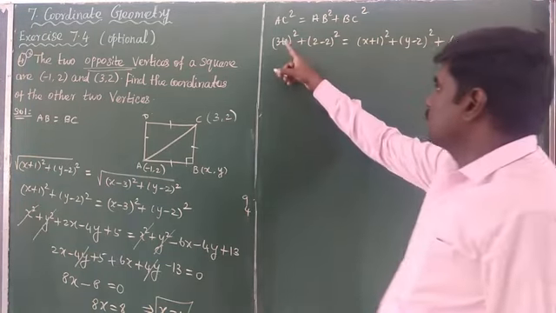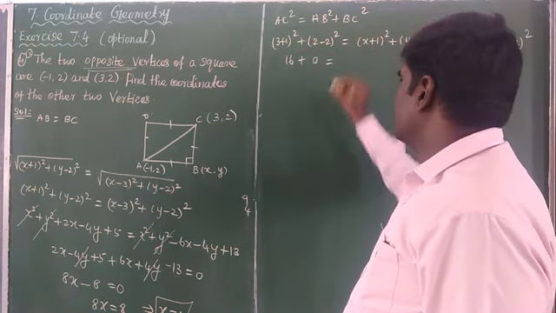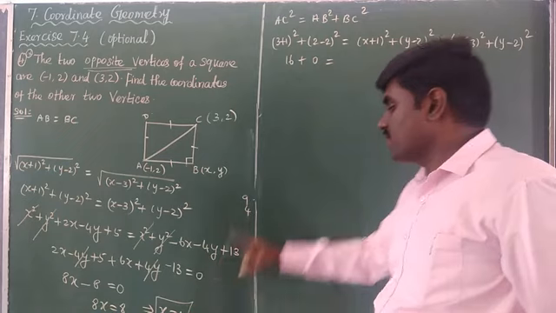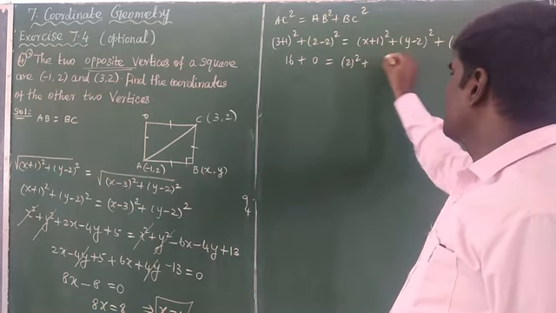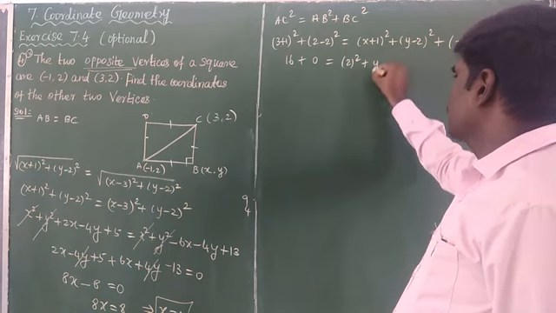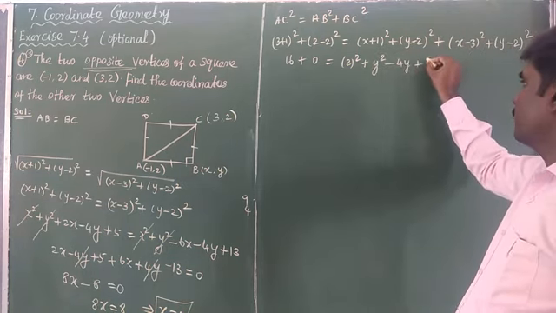So simplifying, 4 squared is 16 plus 0, equal to, substituting x equal to 1, (1 plus 1) which is 2 square, plus (y minus 2) square, that is y square minus 4y plus 4.